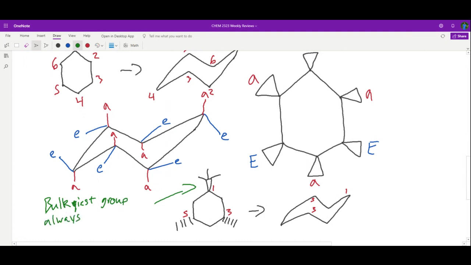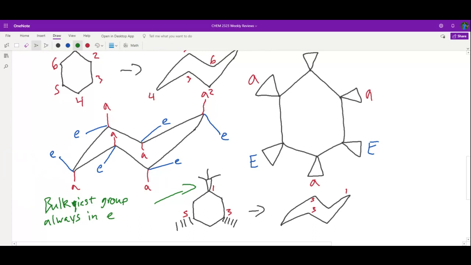So always place it in equatorial position, because the whole reason for this is to avoid electron clouds. Whenever you have a bulky group clashing with other substituents, their electron clouds are going to mesh with each other. This is very apparent when you have a model kit and you're trying to recreate this chair structure.